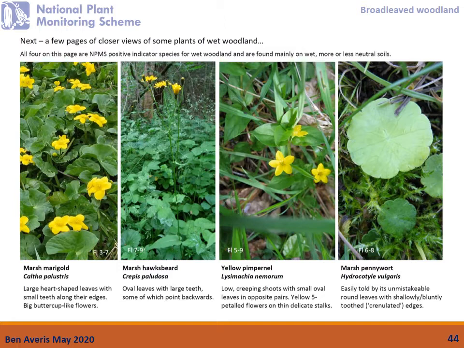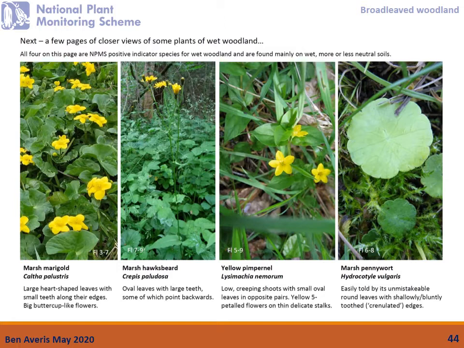It can also look a bit like a thing called creeping jenny, Lysimachia nummularia, but that's a more southern plant, with a more restricted southern distribution, and it has broader, more heart-shaped leaves.